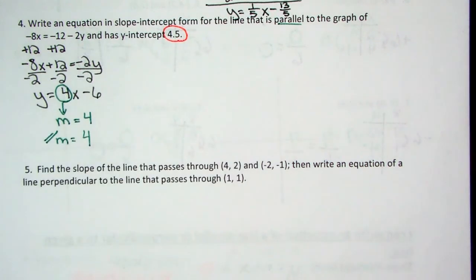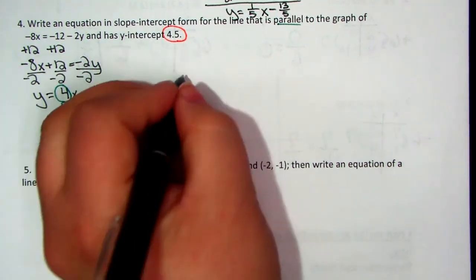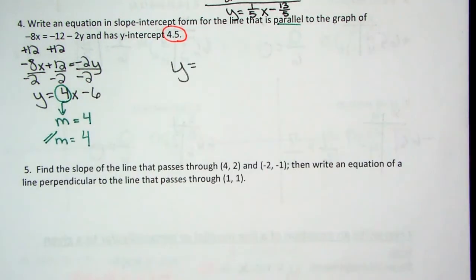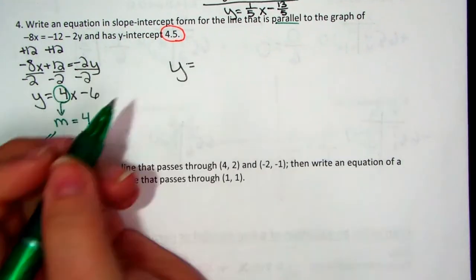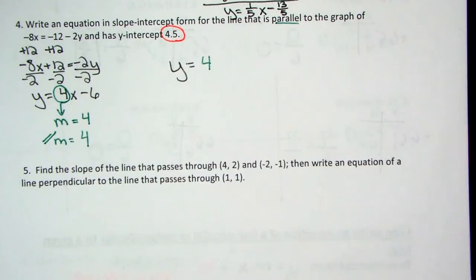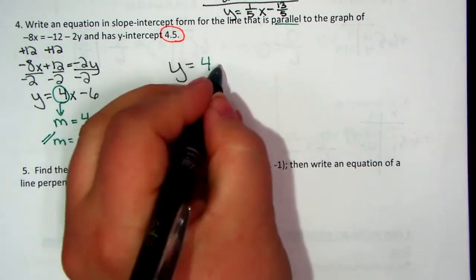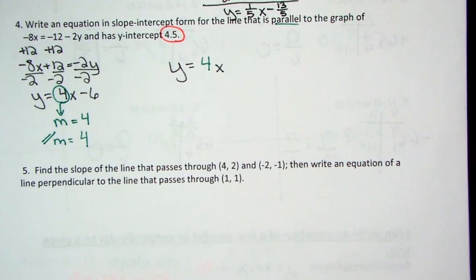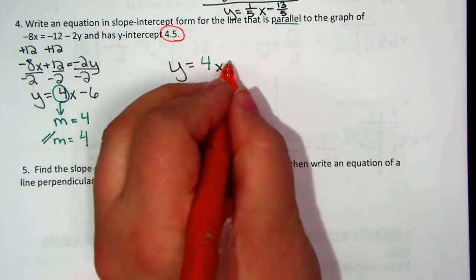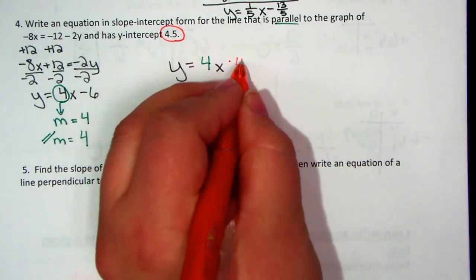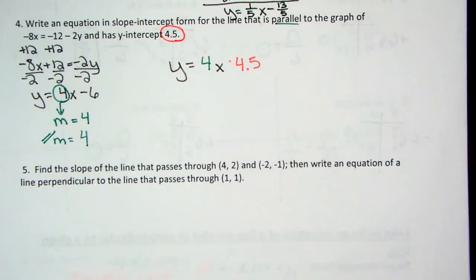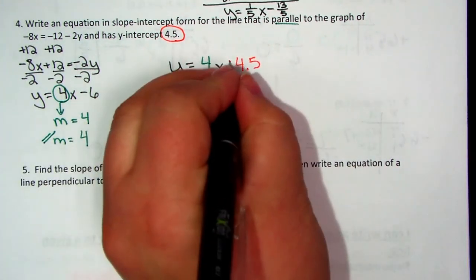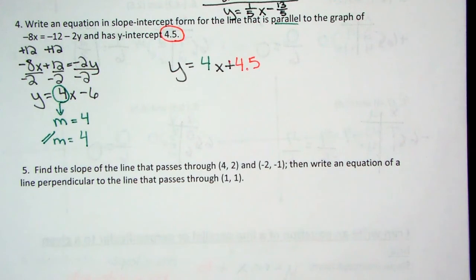So I can just jump straight into slope-intercept form. Y equals my slope times x plus my y-intercept. Forgot my plus sign. There's our equation.